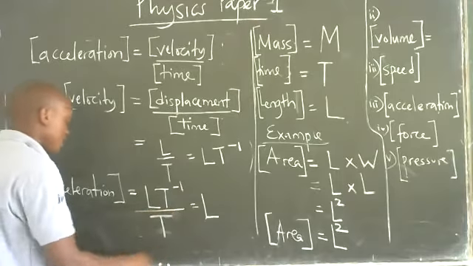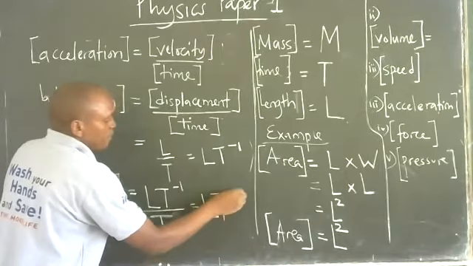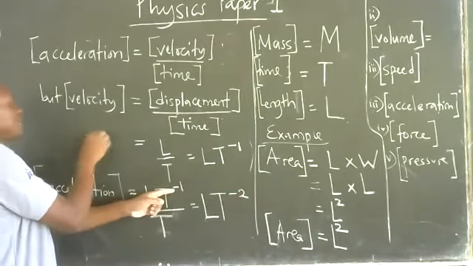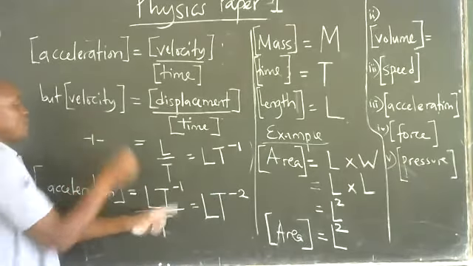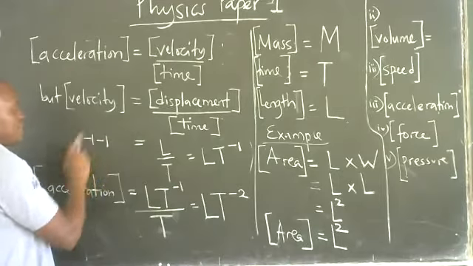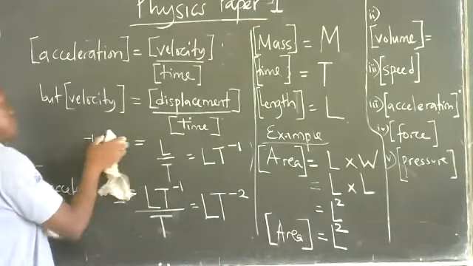Mathematically, it's the same as T to power negative 2. How do you get negative 2? You get negative 1 up minus the 1 down, and your answer here is negative 2. So that's how this one is achieved.